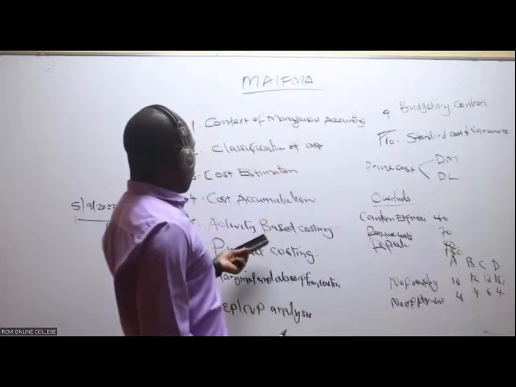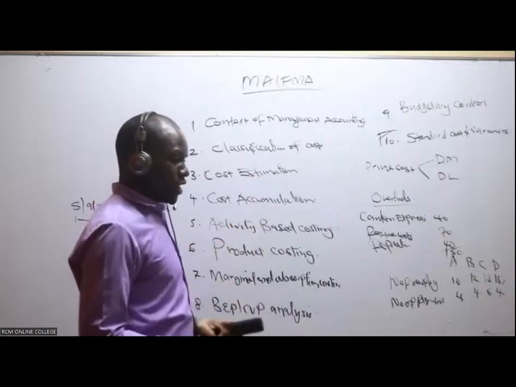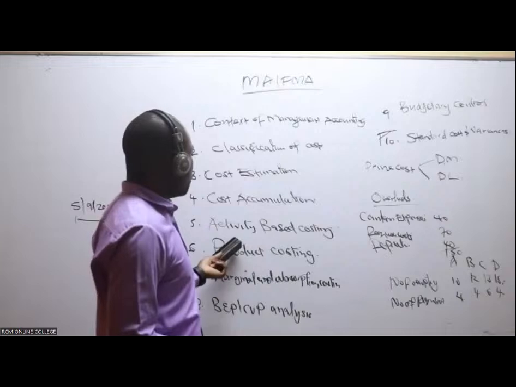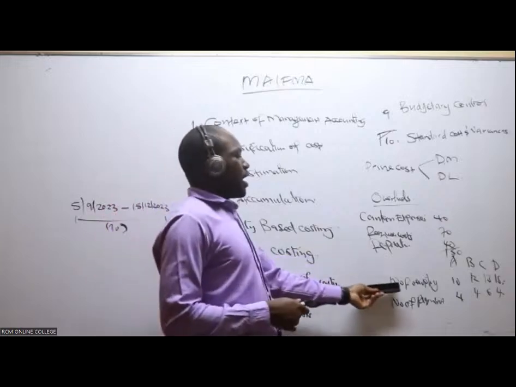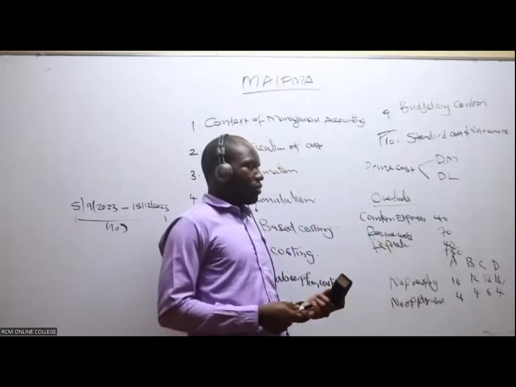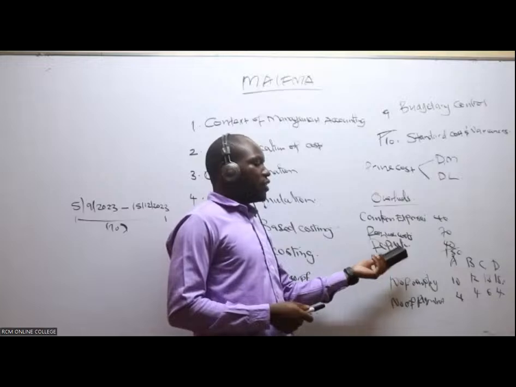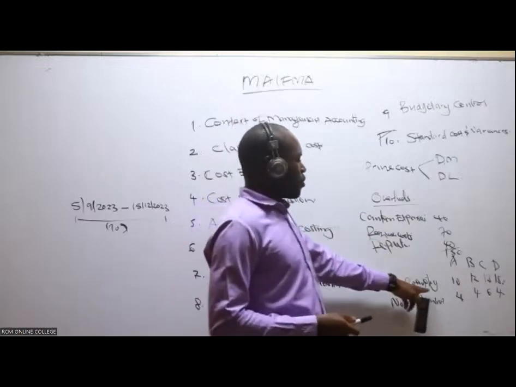So for the methods that you are going to apply under activity-based costing, there's the traditional costing method, whereby you'll only be told to assume the company uses number of employees to allocate the overheads. So we are going to look at this number of employees.